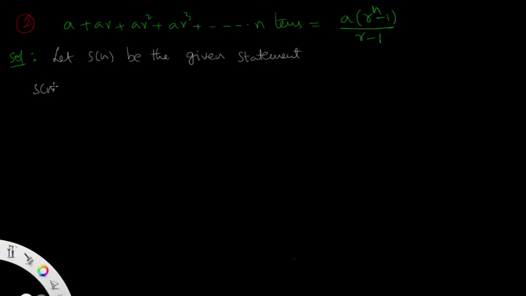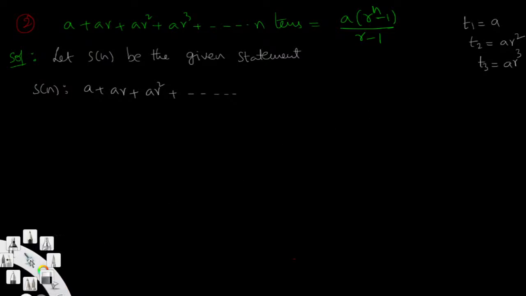Therefore, S of n is such that a plus ar plus ar square, going on to the nth term. T1 is equal to a, as in the first problem. T1 is a, T2 is ar, and T3 is ar square.